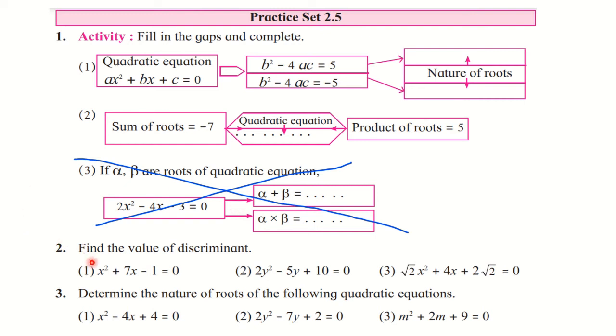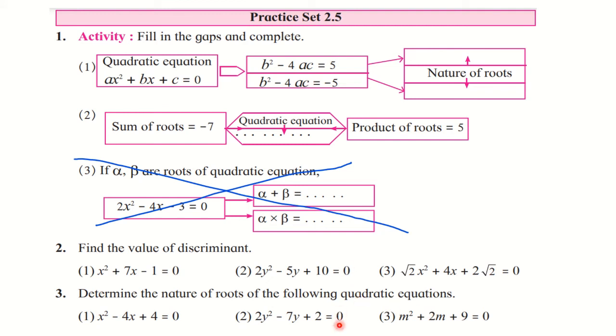Question number 2 is very easy. Find the value of discriminant. That means you have to find the value of b square minus 4ac. From the given equation, you can write down the values of a, b and c, and from that you can find the value of discriminant. Okay. Next, determine the nature of the roots of the following quadratic equation.